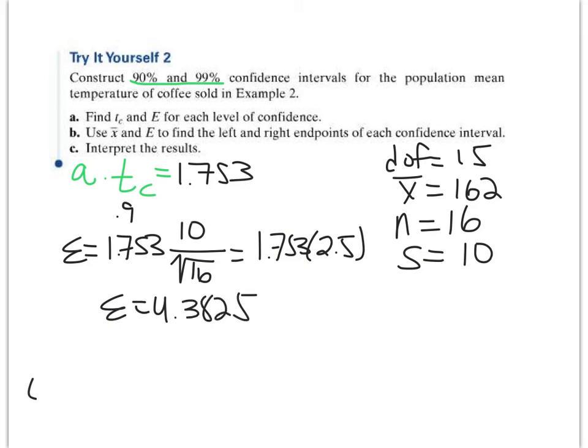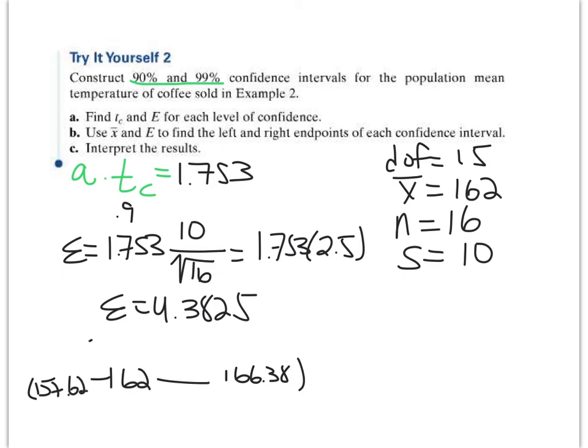So my left bound, my right bound, my mean. I have 162. 162 plus 4.38 equals 166.38, and my other bound is 162 minus 4.3825, which is 157.62.